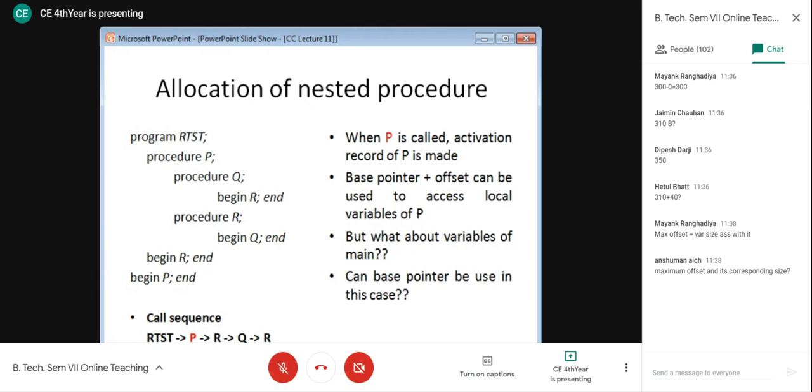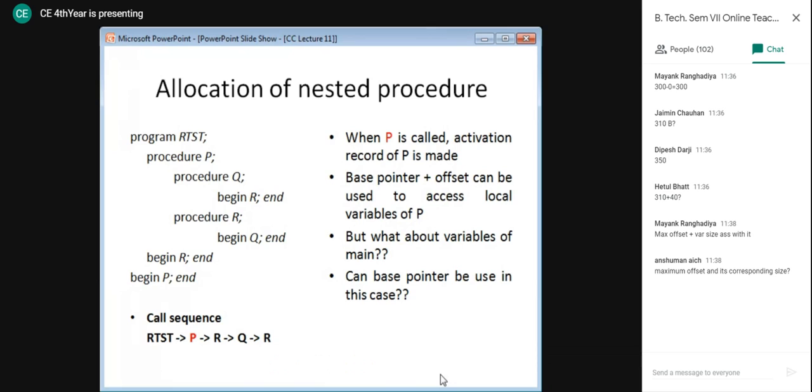Let me repeat my question and then maybe you will be able to answer it. Whenever a procedure is called, its activation record will be made, right? So first main is called, and its activation record will be there containing all the variables which are part of main.